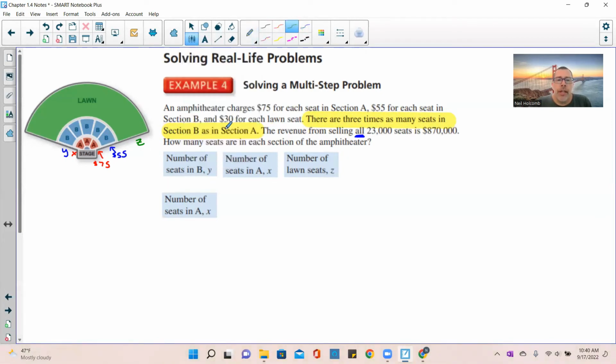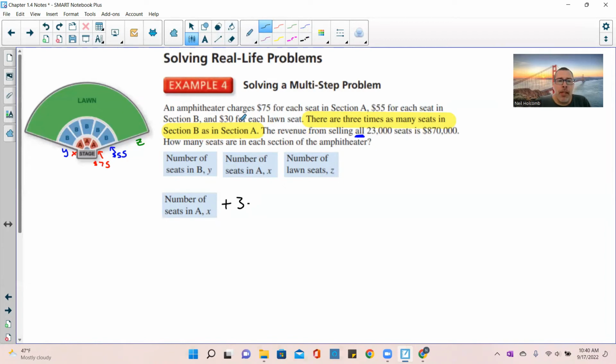So the number of seats A is X, plus, let me use black, plus 3 times.